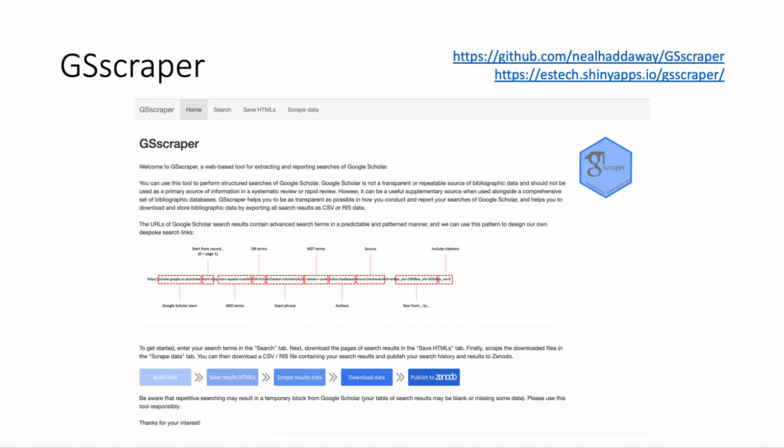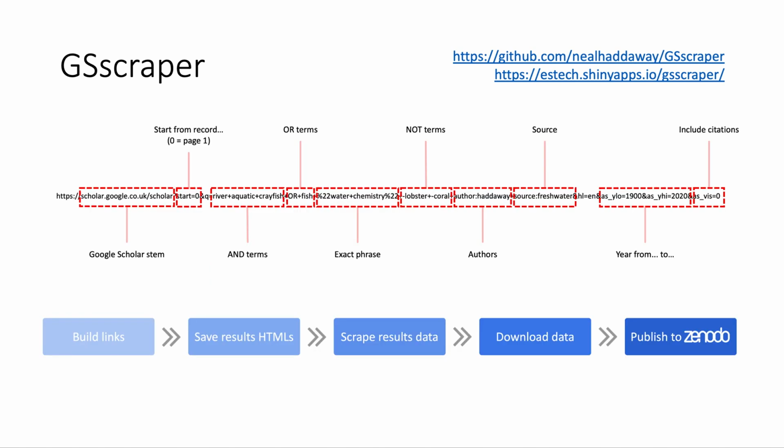The first one is called GSscraper, and the GitHub repository and Shiny app link are there in the top right. The way that GSscraper works is to make use of the fact that Google Scholar creates a URL with patterned information that comes from your search.